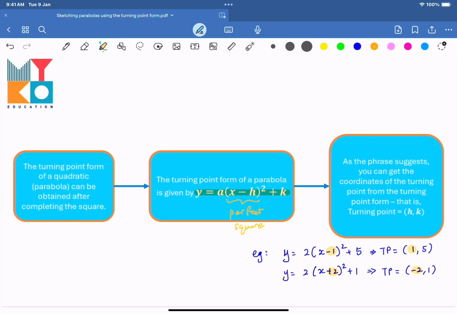This is related to how the whole graph is being translated horizontally, which is a separate topic on its own. And for the y coordinate, if this is 5, this will be 5. If this is 1, this will be 1. So if I look at the turning point form, I can get the coordinates of the turning point directly.